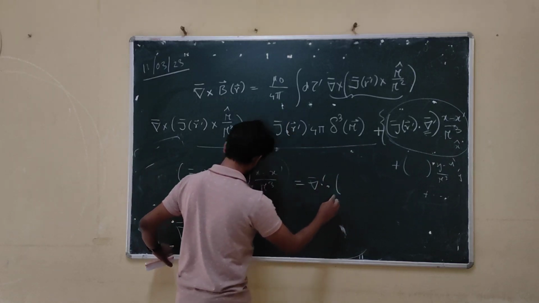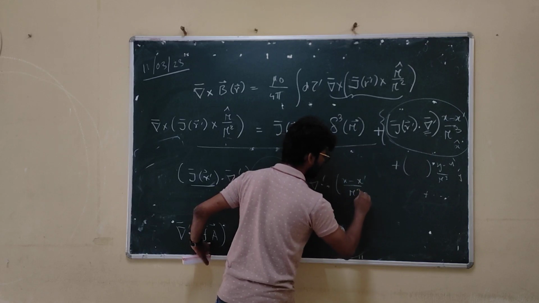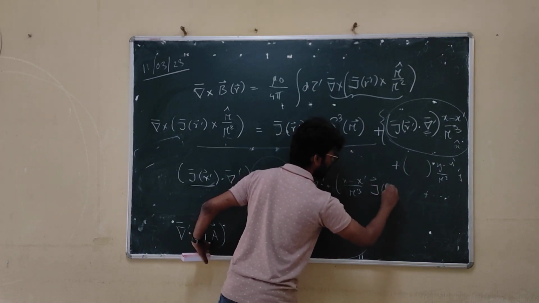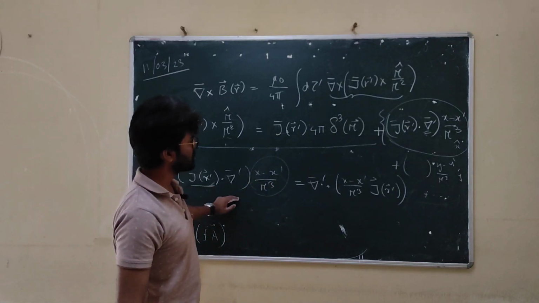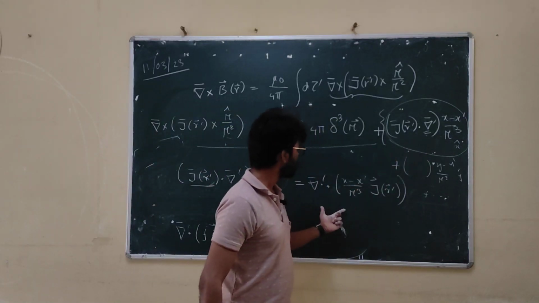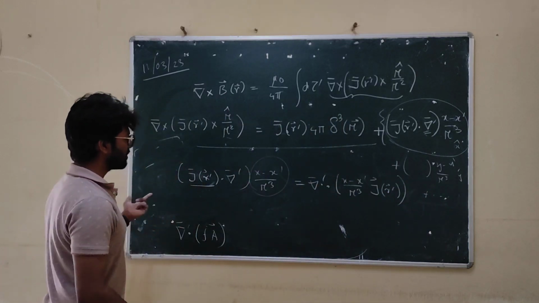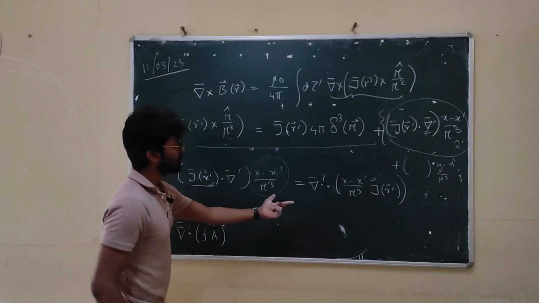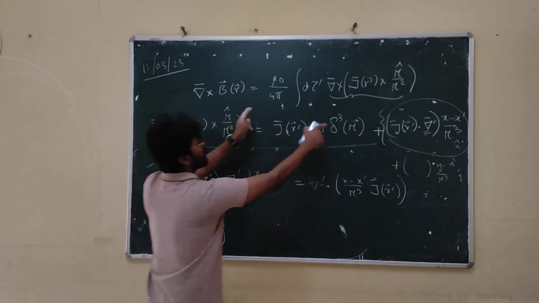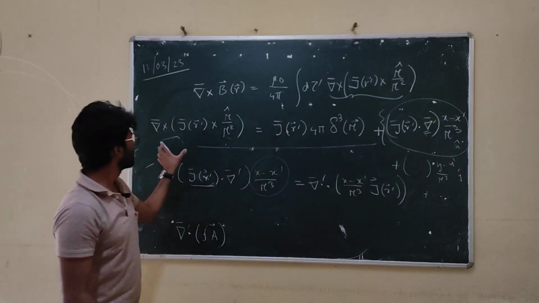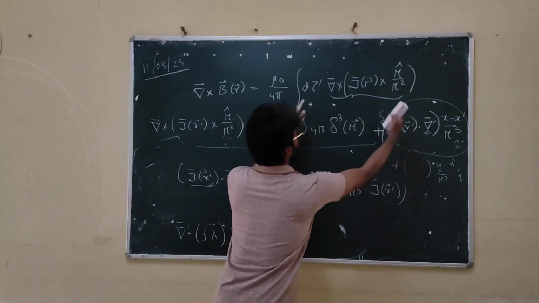del prime dot your F, that is x minus x prime over r cube, and your vector. That's it. So this is just the x component, this goes here, for the y goes here, and the z goes here. Just let me show that this term will give you a 0, because remember, this whole thing is going inside the integral, right?